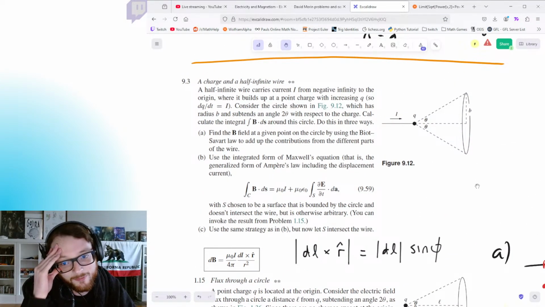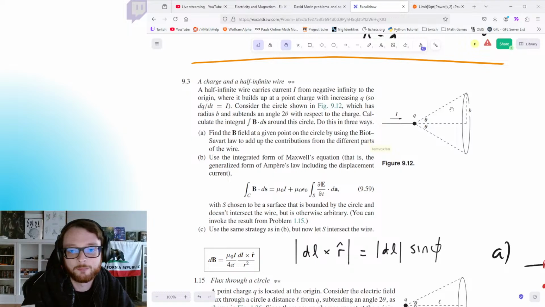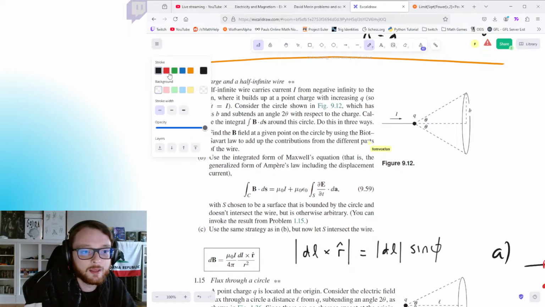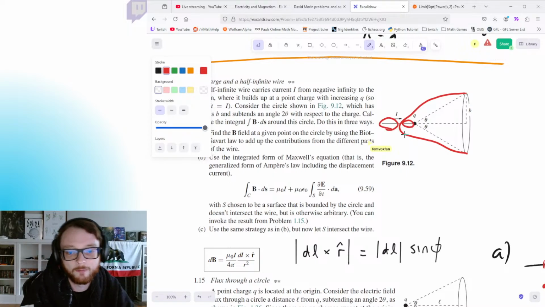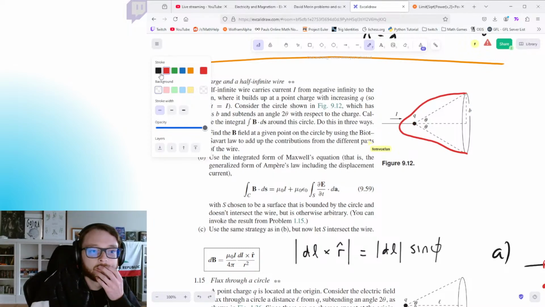So if we change the surface S, do we change the displacement current? Yeah, we should maybe give that some thought, because if we have a surface like that, there is a bit of an issue where the current from this portion of the wire isn't interacting in the same way with the current from this portion of the wire, from inside versus outside. That seems worthy of some thought at least.